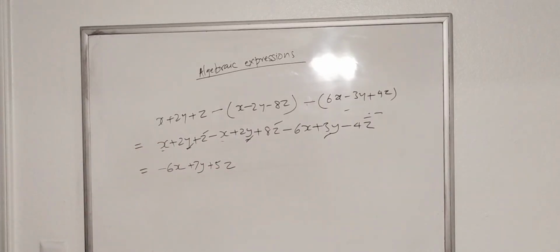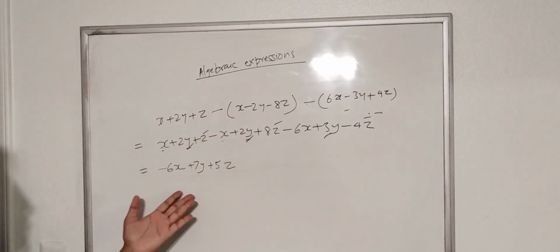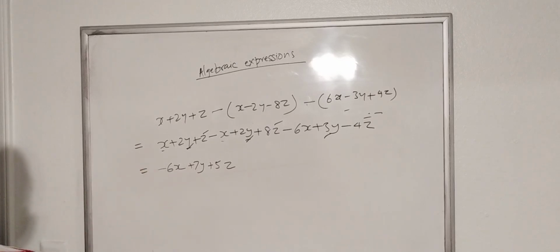Right? So it's very simple. It doesn't matter how many expressions you have, you just find the terms containing the same variable and then add or subtract the coefficient, and you will have the simplest form. Okay, so tomorrow we are going to learn how to multiply algebraic expressions.